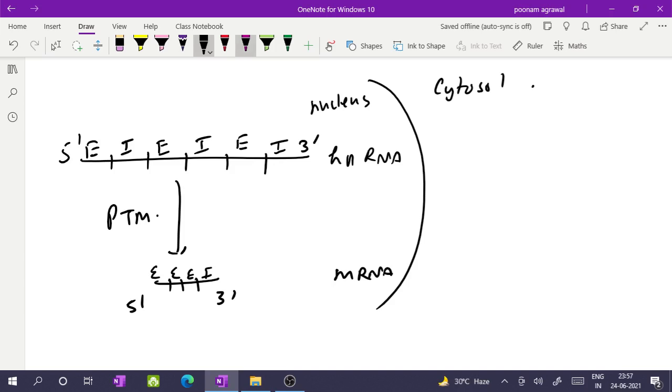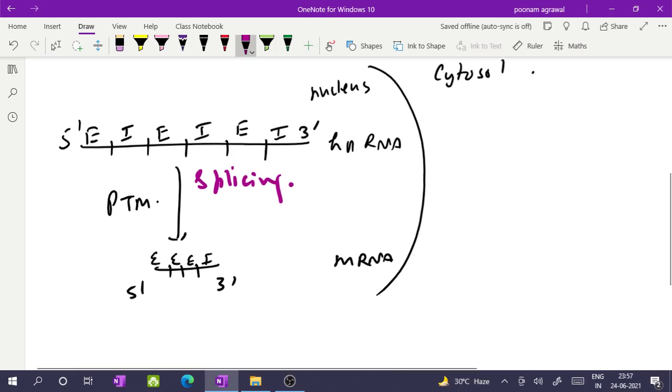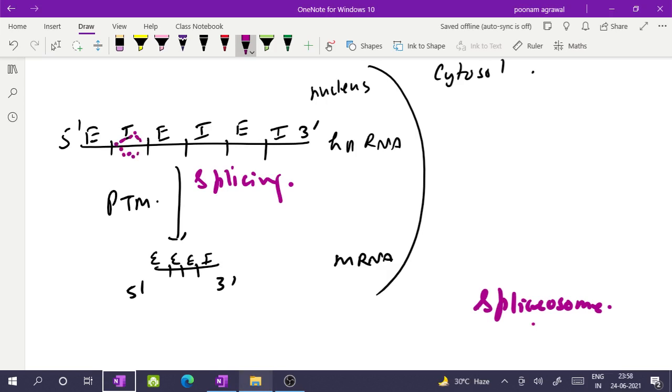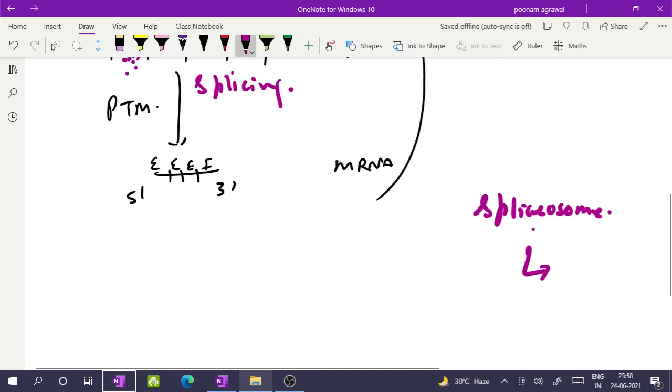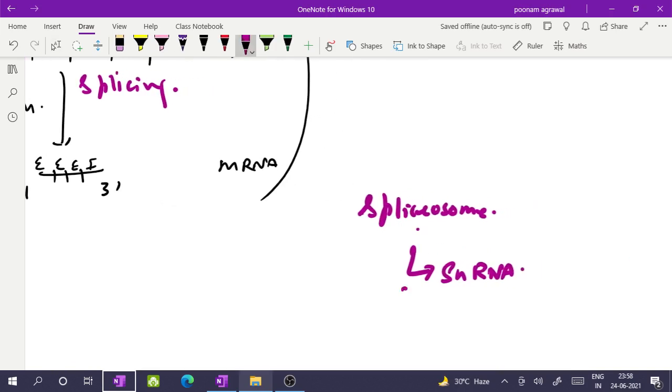The process of removing introns and joining exons together is called splicing, and for this we need a complex called the spliceosome, which I discuss shortly. The spliceosome is an arrangement on the intron regions containing snRNA, small nuclear RNA, which has phosphodiesterase activity.